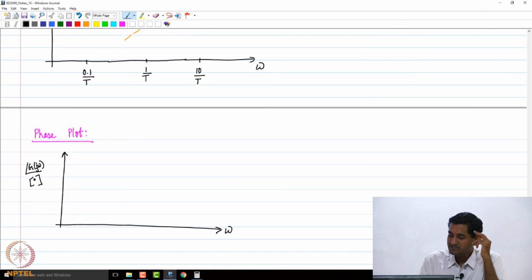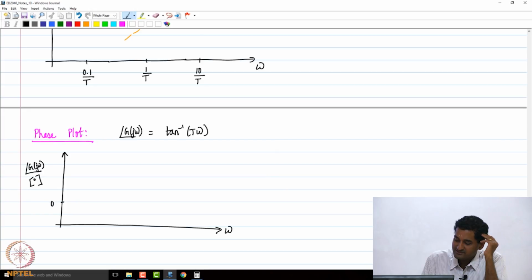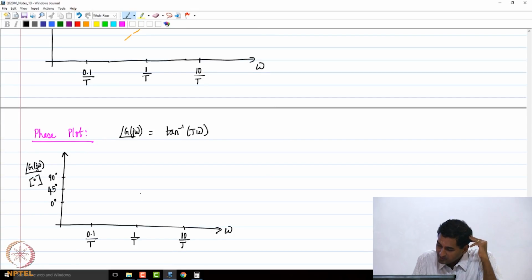Please note that the phase of G of j omega now is tan inverse of T omega, not minus, just tan inverse, plus. So essentially, if this is 0 degrees, this is 90 degrees and this is 45, at 0.1 by capital T, 1 by capital T and 10 by capital T, the value at 1 by capital T is 45.